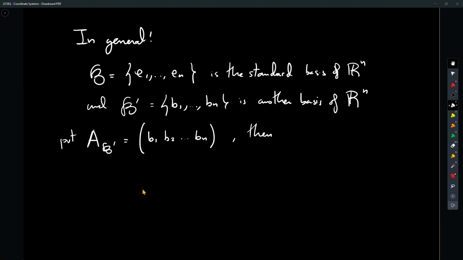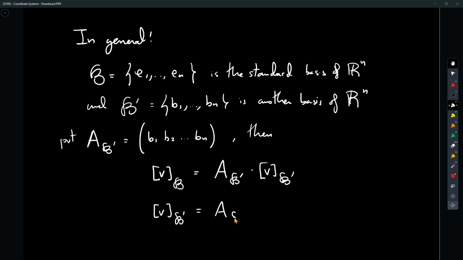Then we have the following equations: for any V, the coordinates with respect to the canonical basis are that matrix times the coordinates with respect to the new basis, and the coordinates with respect to the new basis are the inverse matrix of that matrix times the coordinates with respect to the canonical basis.